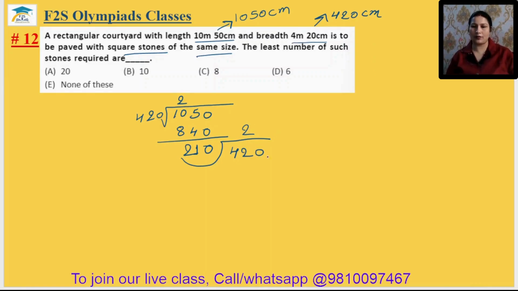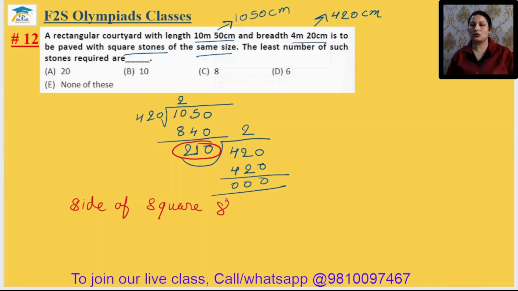So 2s are 420, remainder 0. Okay? So 210 centimeter. So side of square stone equal to 210 centimeter.